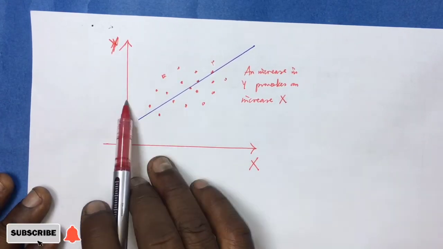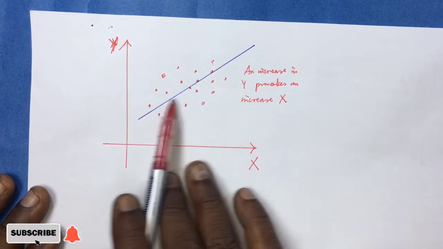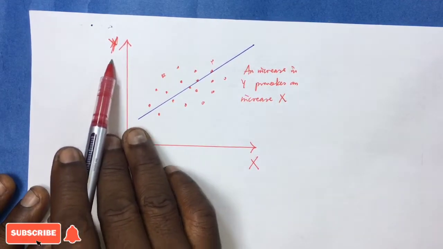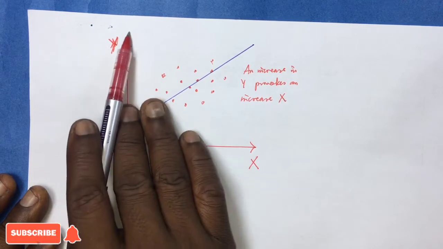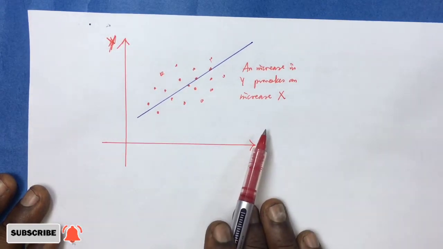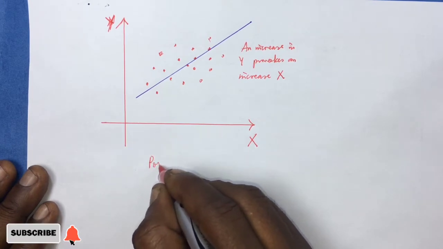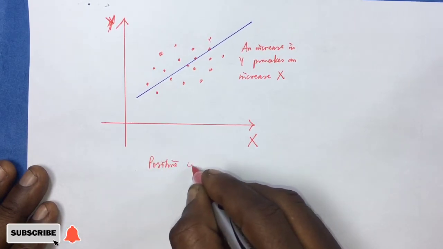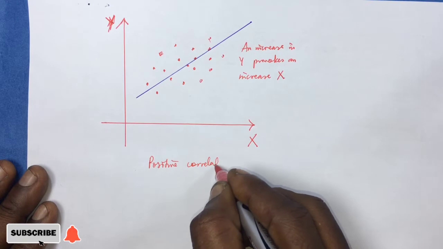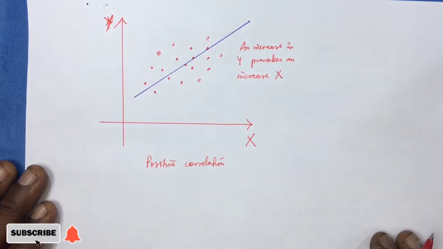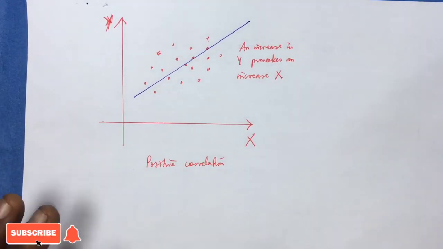Now, when it happens that using a scatter diagram there is an increase in y causing an increase in x, then we call this a positive correlation. Now remember, we are yet to define what correlation is, but I'm going to use the language there.